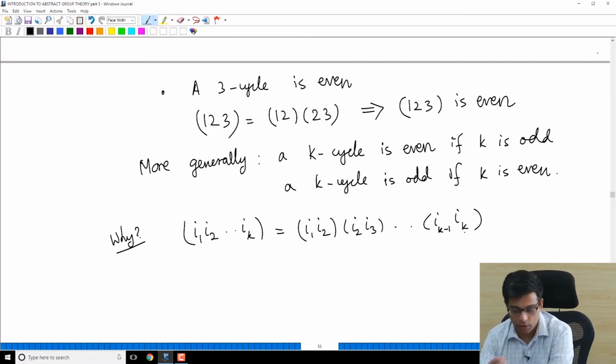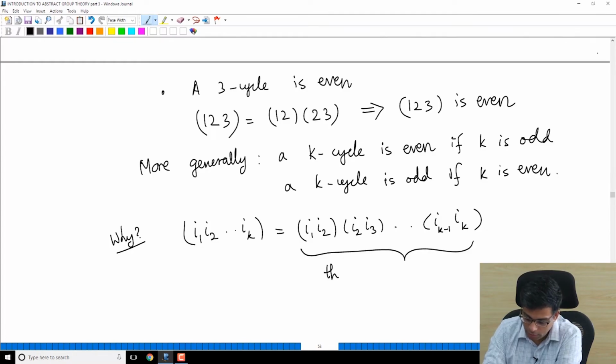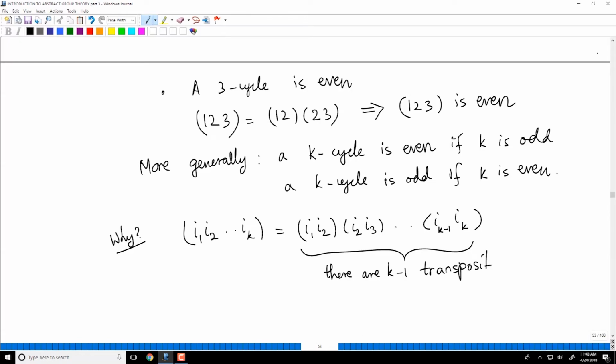And again, let me repeat once more that if you have one representation as a product of transpositions, that will allow you to determine whether the permutation is even or odd, because every other representation must have the same parity. Now, how many transpositions are there? There are k minus 1 transpositions here, right?